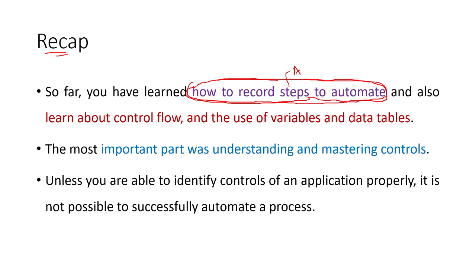And also we have learned about control flow. I mean, we know how to control the flow of execution. For example, if else, if this condition is true then go here, if false then go here. And then we also have seen how to take the control back to the starting point, so that repetition will be achieved either by using while or do while, and so on.